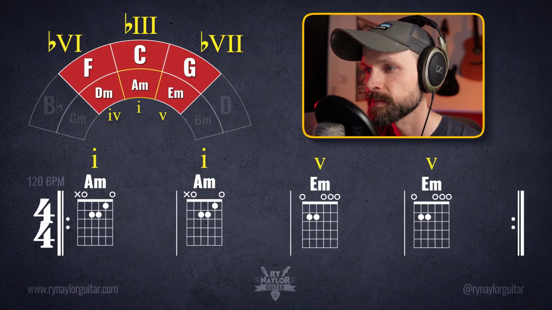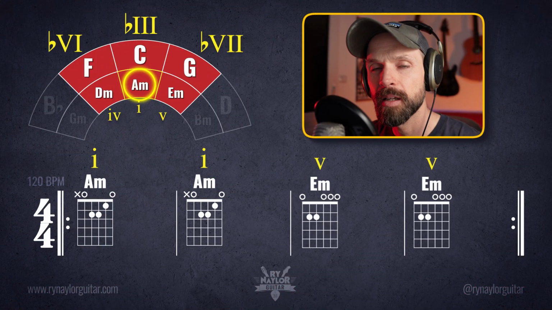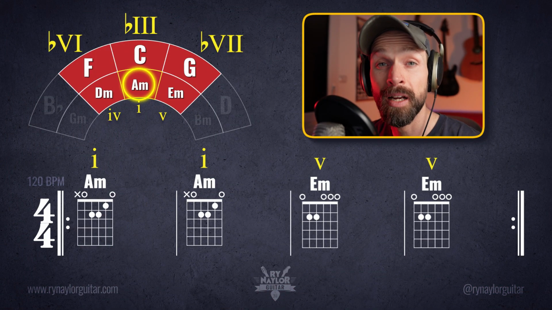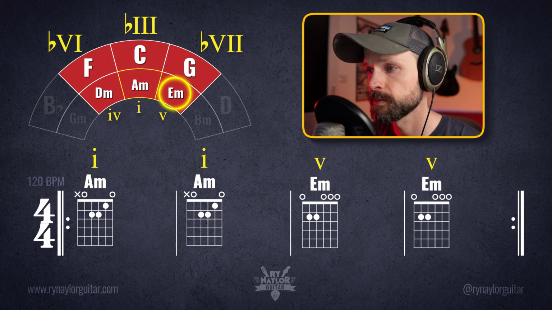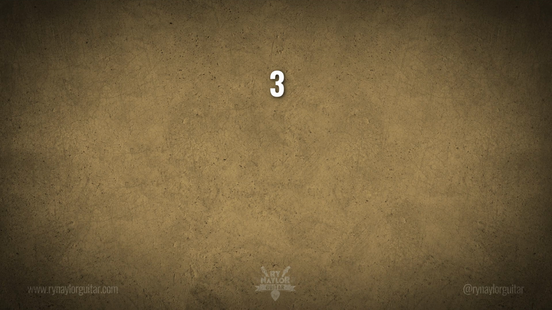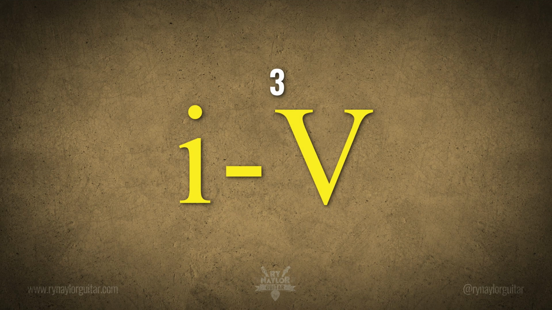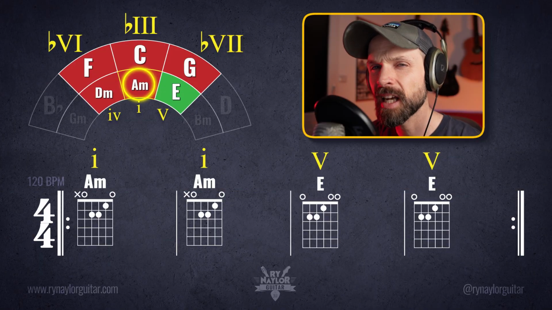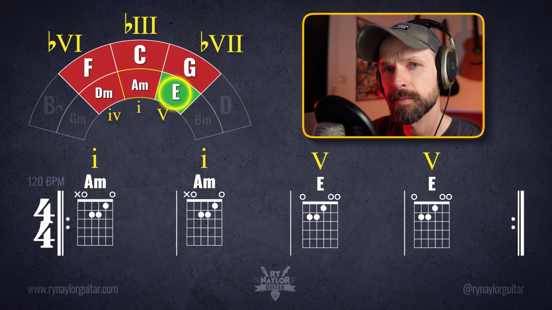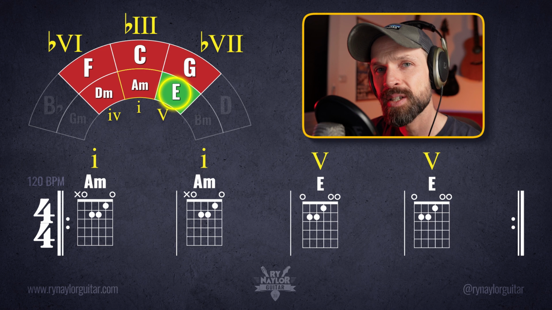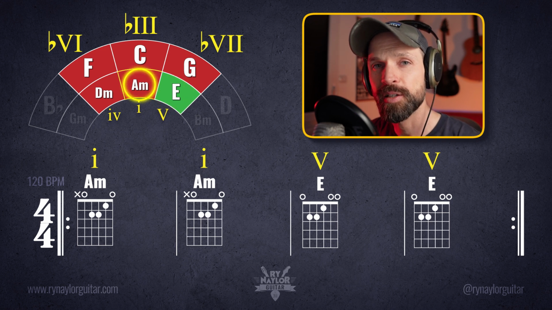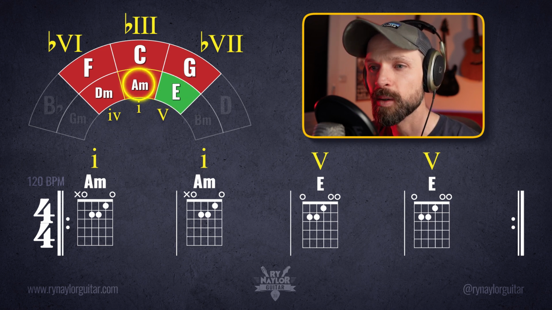So let's hear that and then I'll give you a couple of examples. So here's firstly the 1, 5 minor version. Once again, now here's the major version. And just hear this subtle difference. But that major 5 has a slightly stronger pull back to the 1 chord.